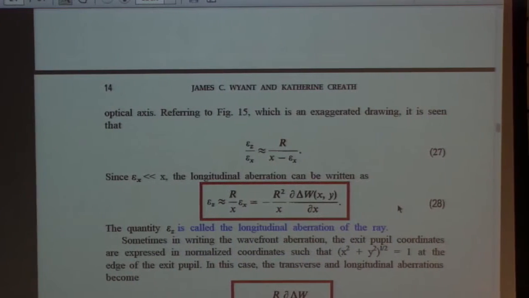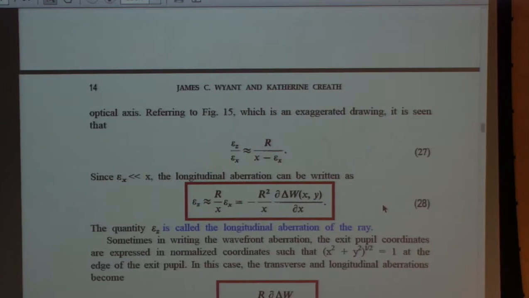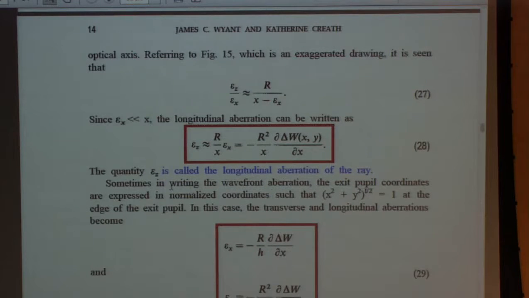And since epsilon sub x is going to be a pretty small quantity, I hope anyway, better be, we can write here that epsilon sub z goes as r over x times epsilon sub x. The result here is that epsilon sub z, the longitudinal aberration of the ray, is minus r squared over x times the partial of delta W with respect to x. So that would be our longitudinal aberration.